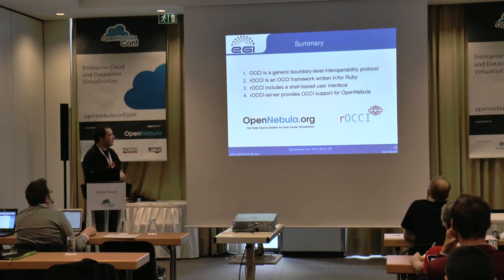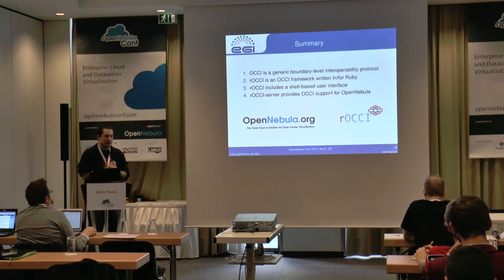So what's the summary? Basically, OCCI is a generic boundary level interoperability protocol. What this means is that it's quite generic. This means it's difficult to implement, but it provides a lot of potential and functionality. rOCCI is an OCCI framework written in and for Ruby.